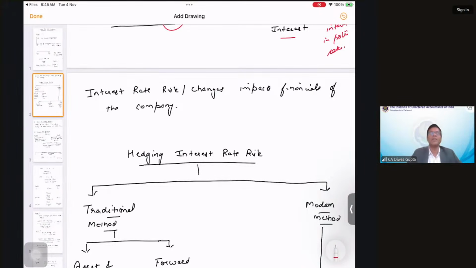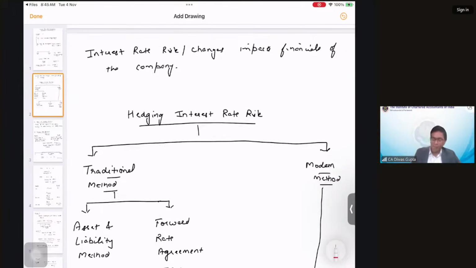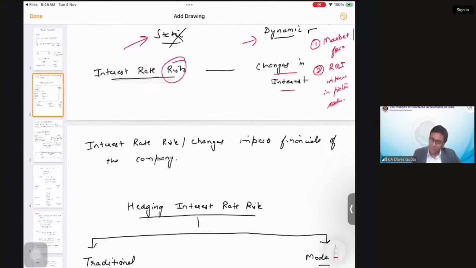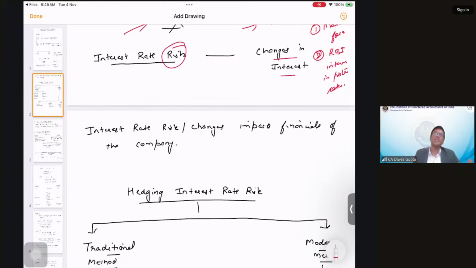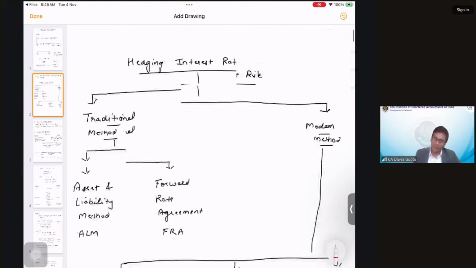It will impact the P&L of that company. Similarly, someone has borrowed at a floating rate and the interest rate has increased. The moment it has increased, it will lead to higher interest expenses for the person who has borrowed the amounts. Okay, so that is where interest rate changes impact the financials of the company.